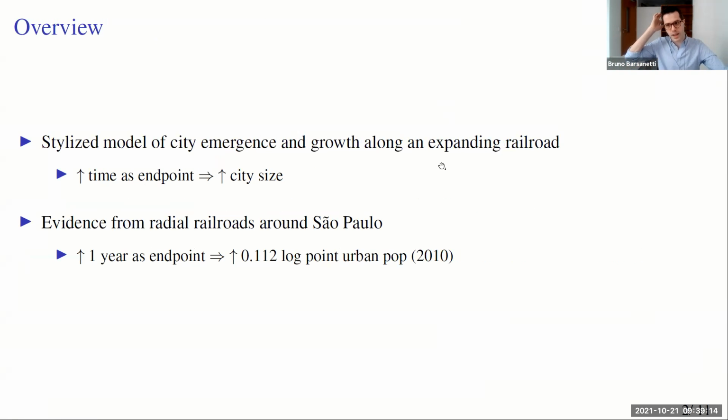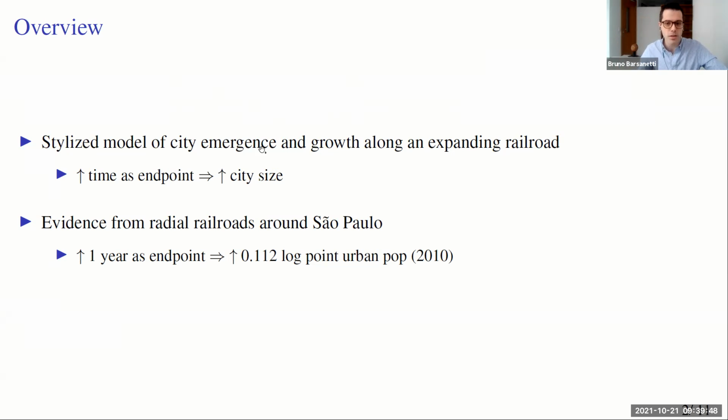To be more precise, what I do in this paper, first, is build a highly stylized model of city emergence and growth along a railroad that's being built over time. I'll be exploiting the fact that if you're building a railroad, there will be many sites that, depending on how fast you're building that railroad, may be for longer or for less time an endpoint of that railroad.